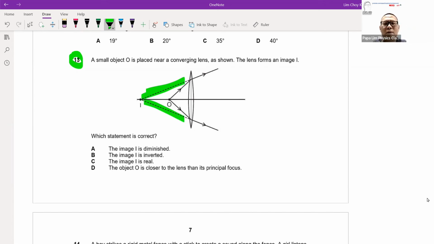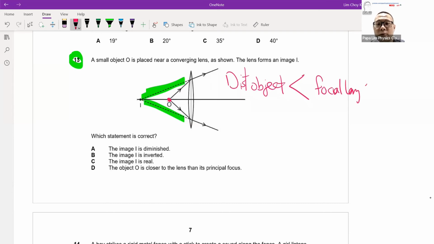The only time you have a virtual ray is whereby the distance of the object O must be smaller than the focal length. This is the only case whereby you have a virtual ray.